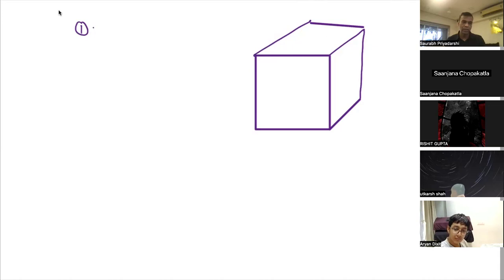We have to color this cube with 6 distinct or different colors. In how many ways can we color this cube?